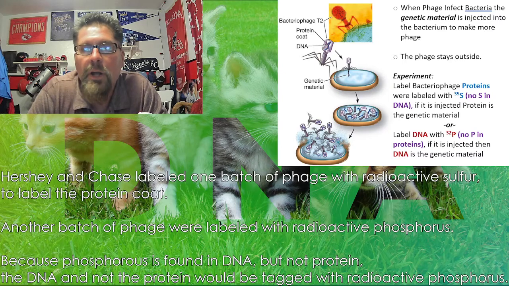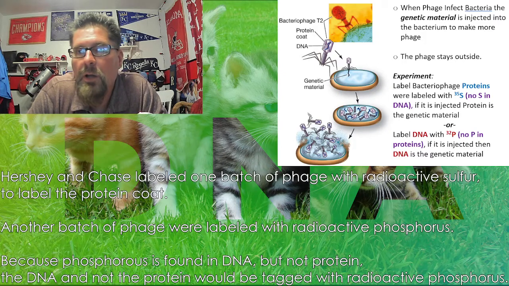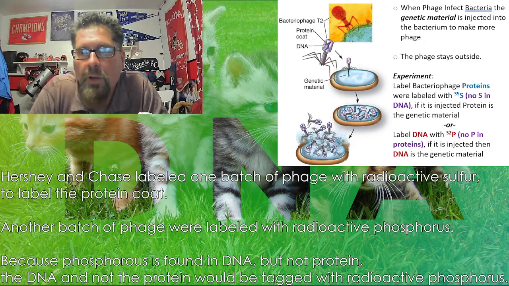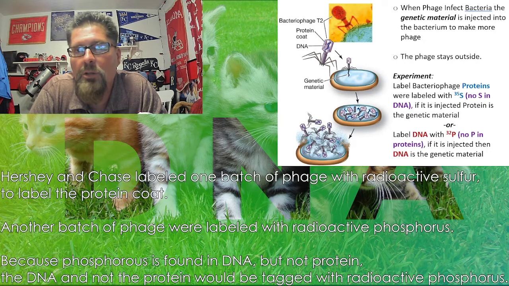All right, so getting into their experiment, what they did is they took phosphorus and sulfur. Okay, phosphorus is found both in DNA and in proteins. So if they make it radioactive where they can trace it, that was the goal.